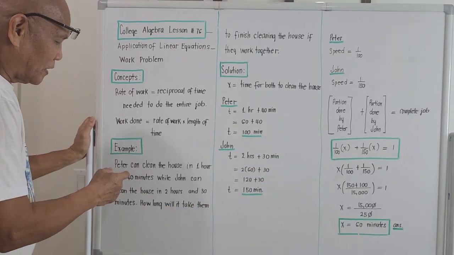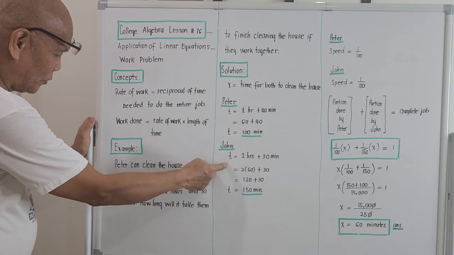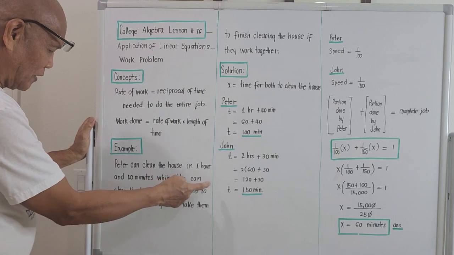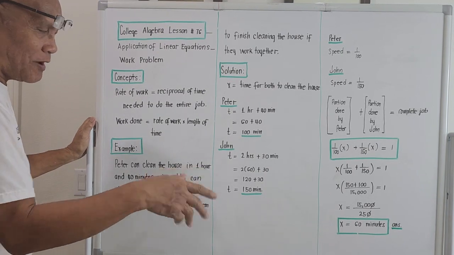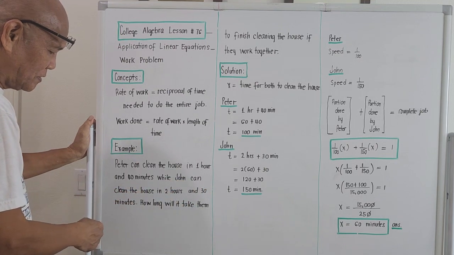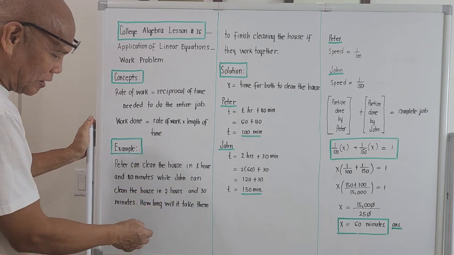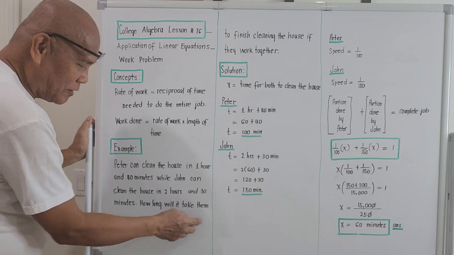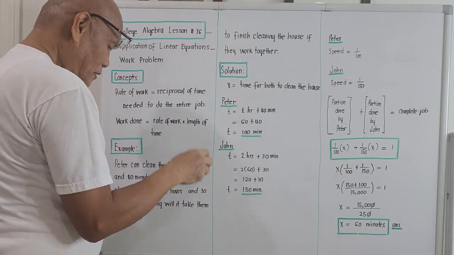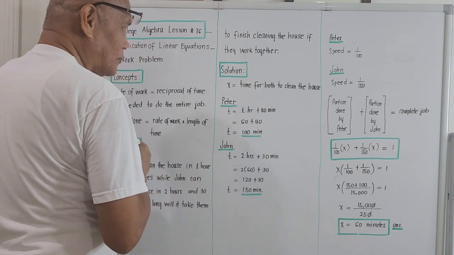Peter can clean the house in 1 hour and 40 minutes, while John can clean the same house in 2 hours and 30 minutes. The problem is how long will it take them to finish cleaning the house? The given condition is they have to work together.